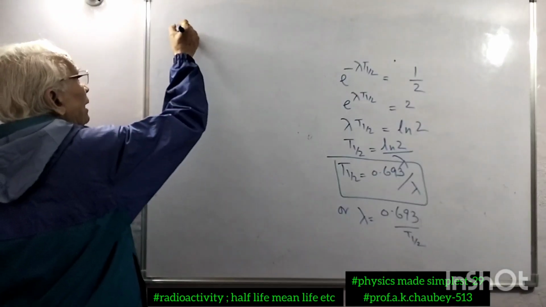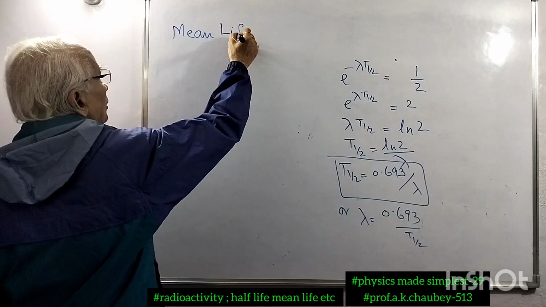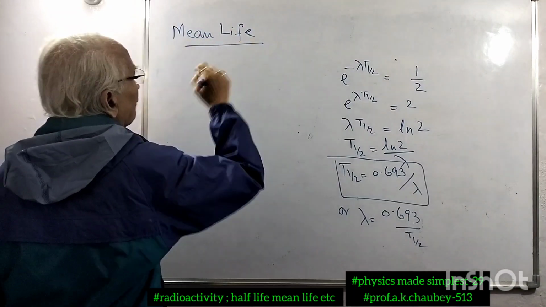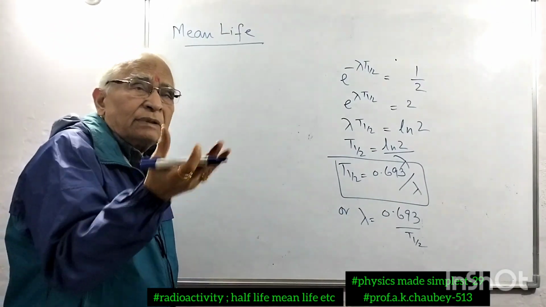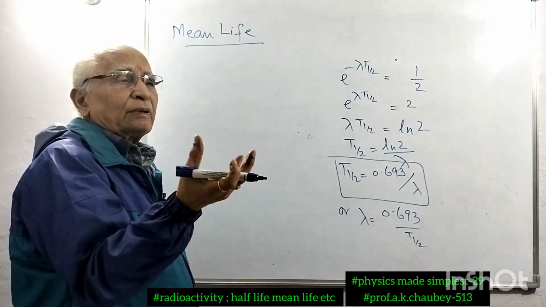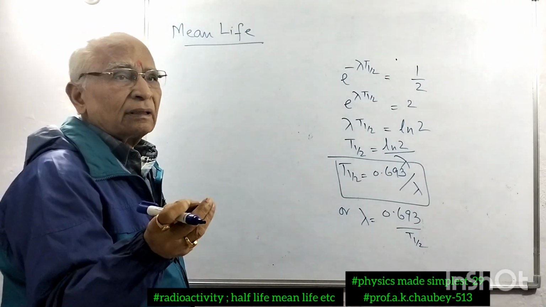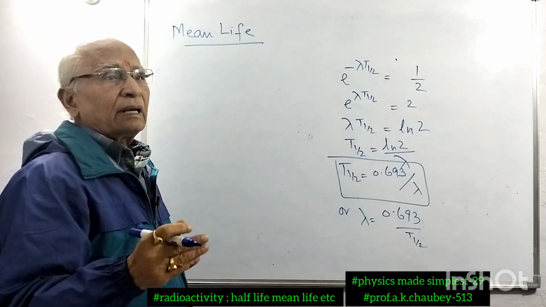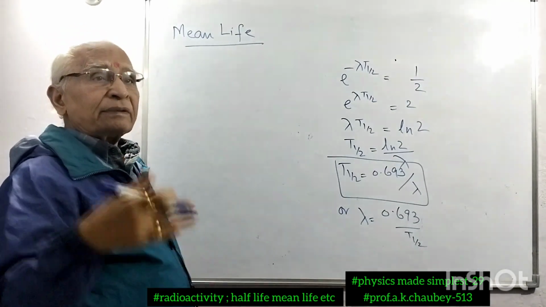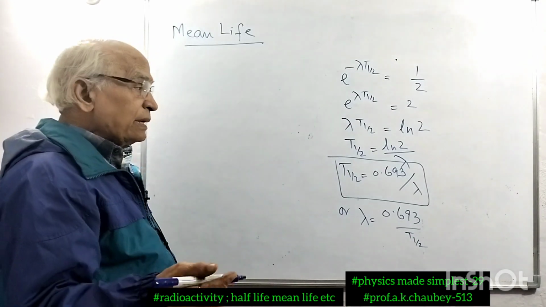Another term is mean life. So what is the mean life? Some radioactive nuclei have zero time, meaning just as the system is formed, some decay. Some decay after a few seconds, some more decay after a few seconds. Some after half-life, still half are remaining. Then they are decaying.